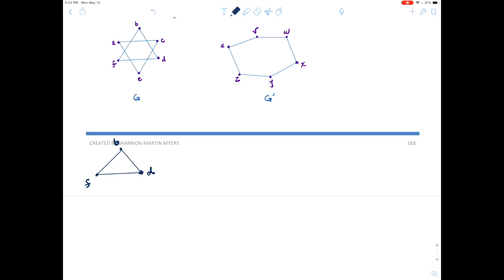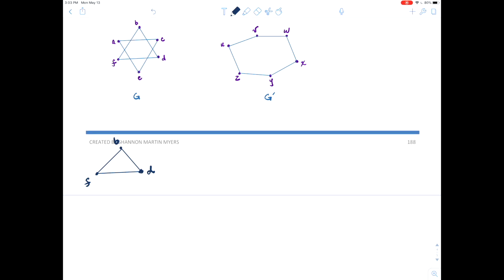And then remember that over here where they connect, there are no vertices. So you don't have to draw the graph of G like that. You can actually take it apart and say, oh, here I've got my A, my C, and my E, and we can draw it like this.